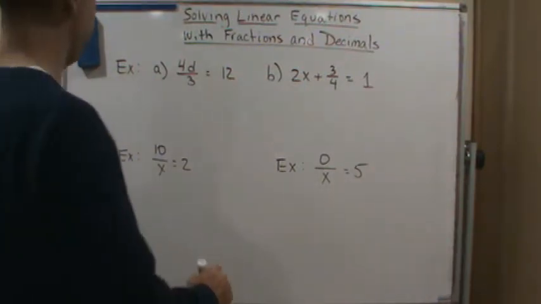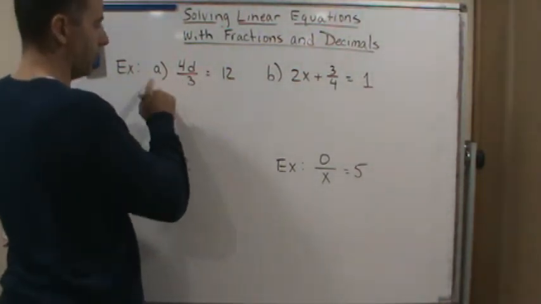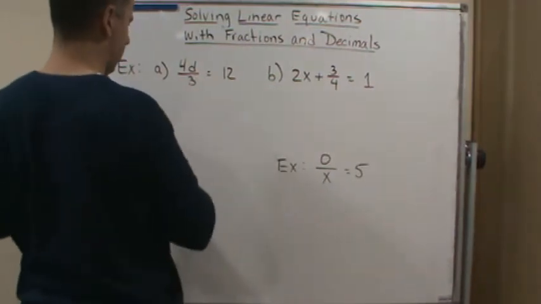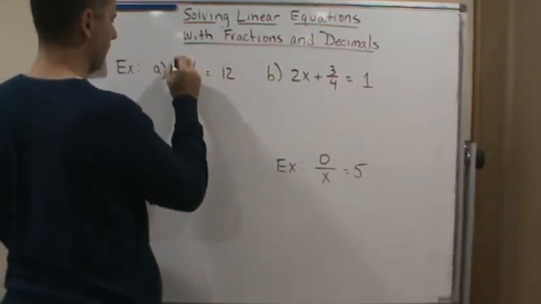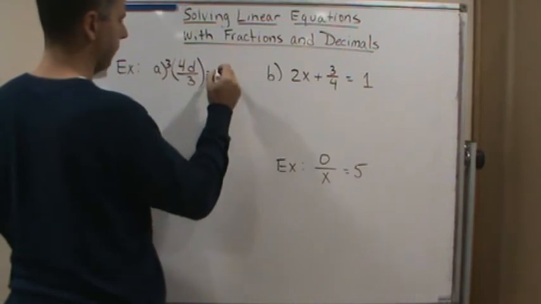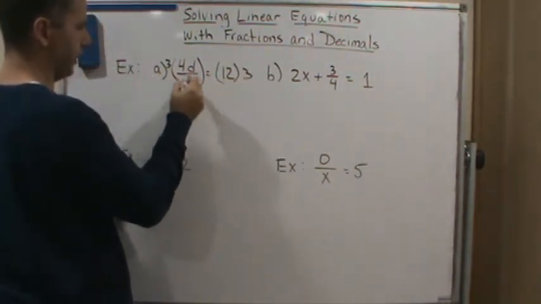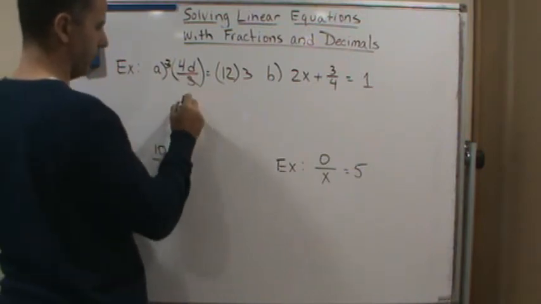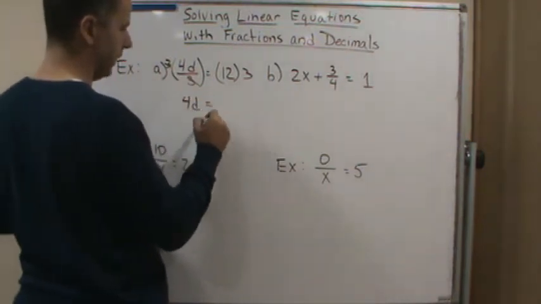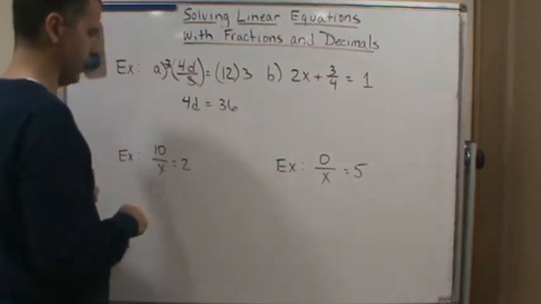So if I multiply everything by 3, I multiply this by 3 and this by 3. Well, 3 divided by 3 gives me 1. So then I just get 4d equals 36.